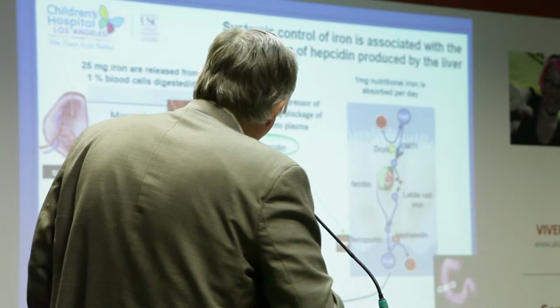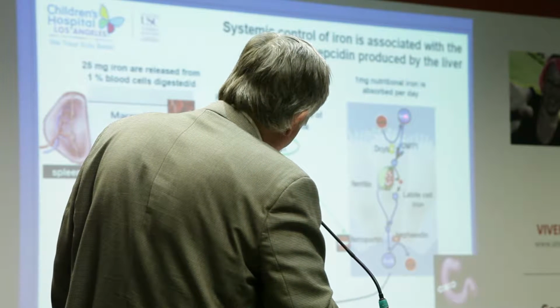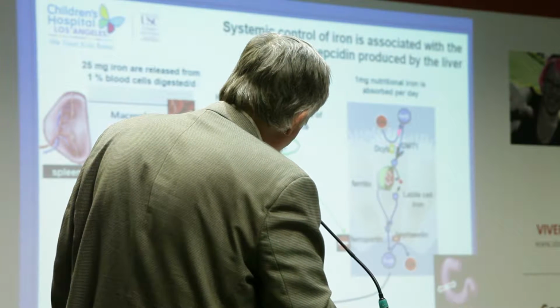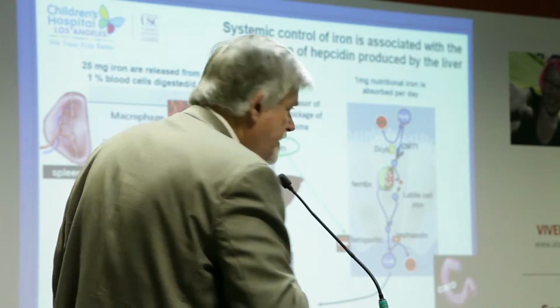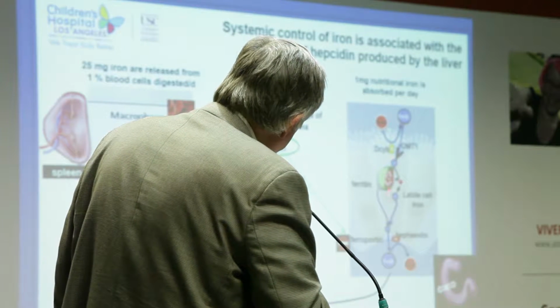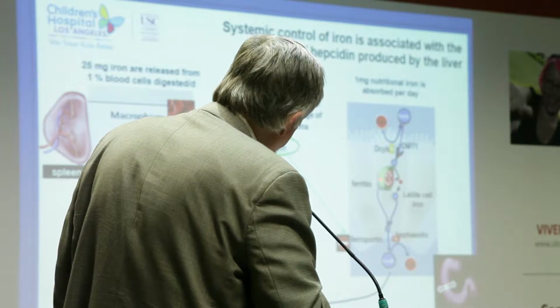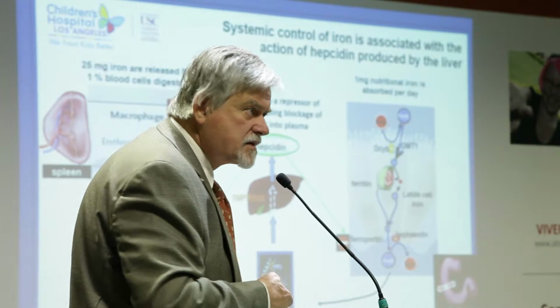Iron is changed to plus 2 so it can go through the metal transporters, and all the metal transporters like the divalent metal transporter require that the iron be in the plus 2 state. It is then stored in ferritin. Ferritin converts it to Fe plus 3, which is not toxic.